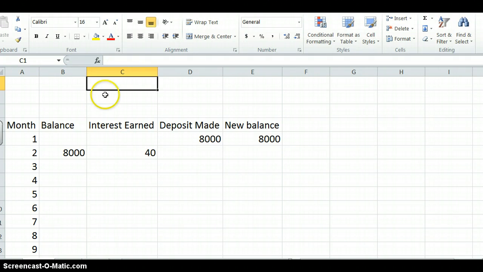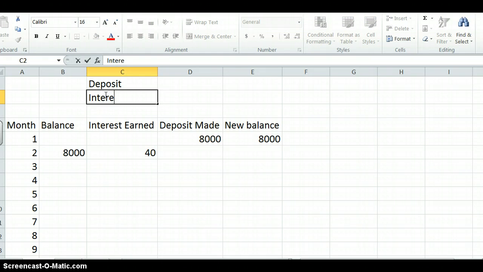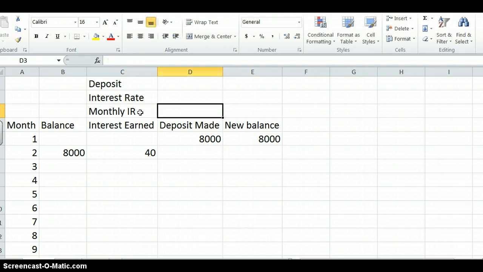So what I'm going to do is put headers up here, enter values for these, and then use them in the spreadsheet. This would be the annual interest rate. Now here I need the monthly interest rate. The monthly interest rate is just going to be this interest rate divided by 12.